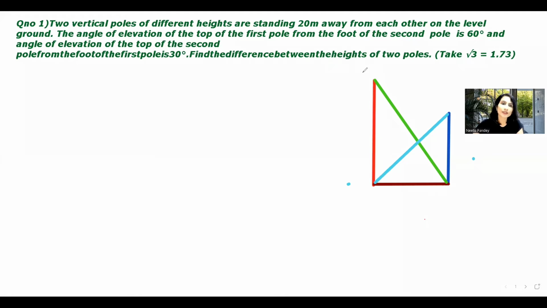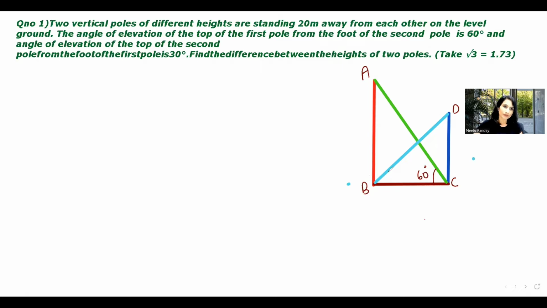Fine. So let AB be the first pole. Okay. And CD be the second vertical pole. Angle of elevation of the top of the first pole from the foot of the second pole is 60 degrees. This is 60 degrees. And the angle of elevation of the top of the second pole from the foot of the first pole.